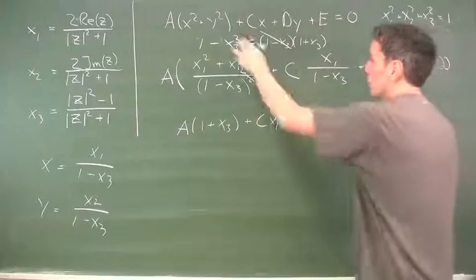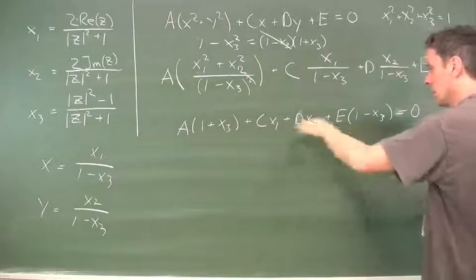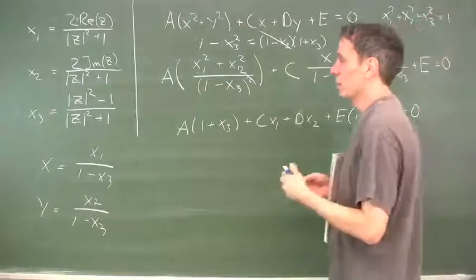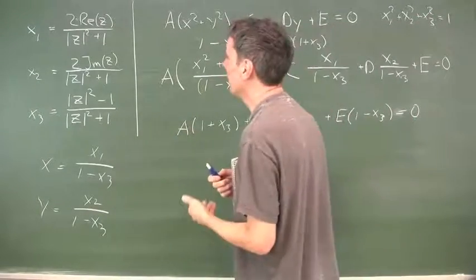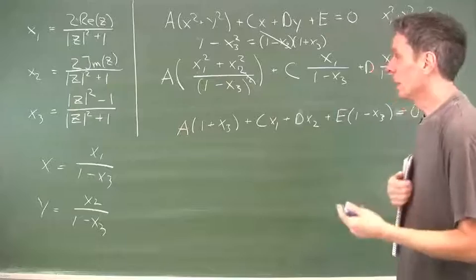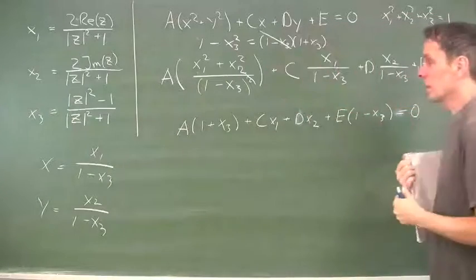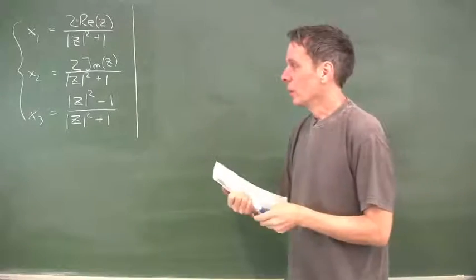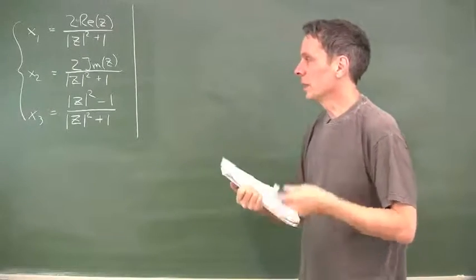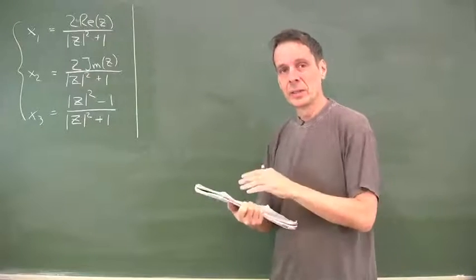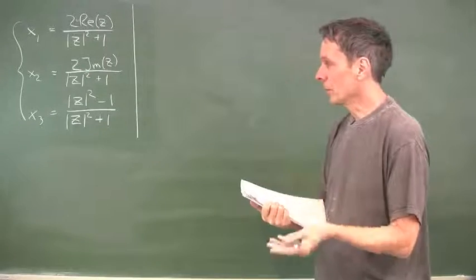So a point up here corresponds to a point on the sphere also. So apart from that, all lines and circles in the plane will correspond just to circles on the Riemann sphere.